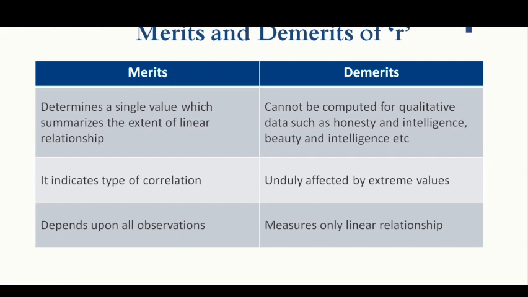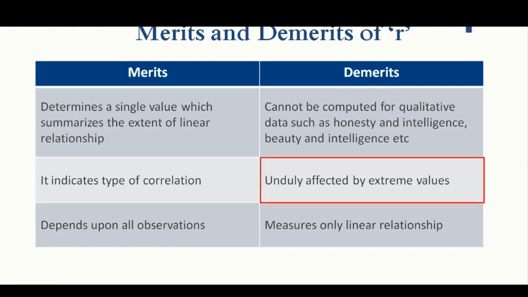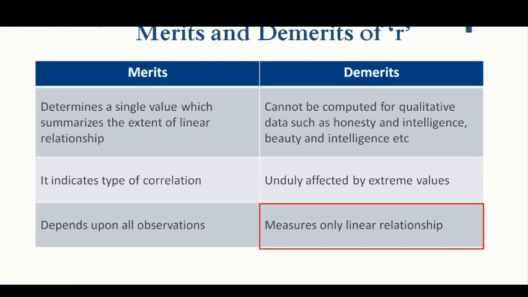Now, whenever any measure is based upon all observations as a merit, then obviously the demerit walks in, that it gets unduly affected by extreme values. It measures only linear relationship. What does it mean?